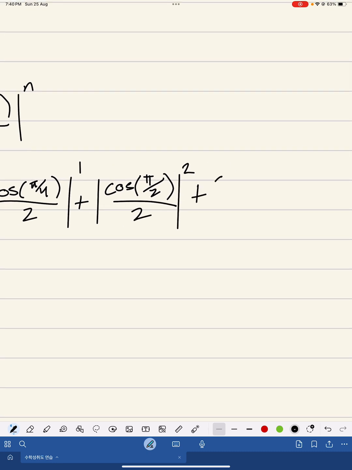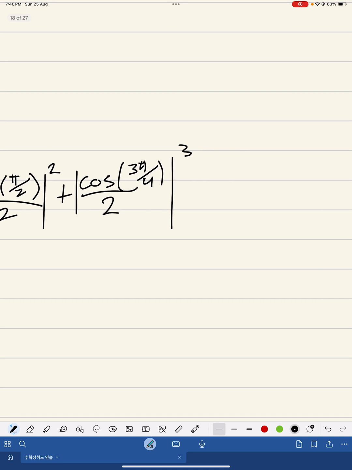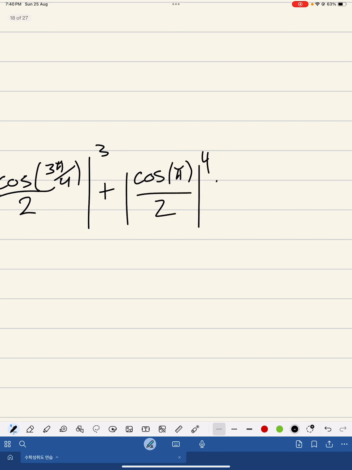plus absolute value of cosine of, when n equals 3, that's 3 pi over 4 cubed, and let's go until 4, plus cosine of, when it's 4, that's cosine of pi over 2 to the 4, and let's do 1 for luck.